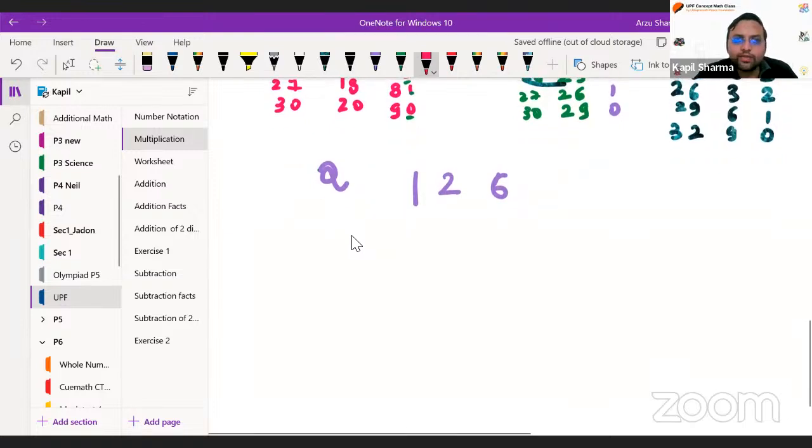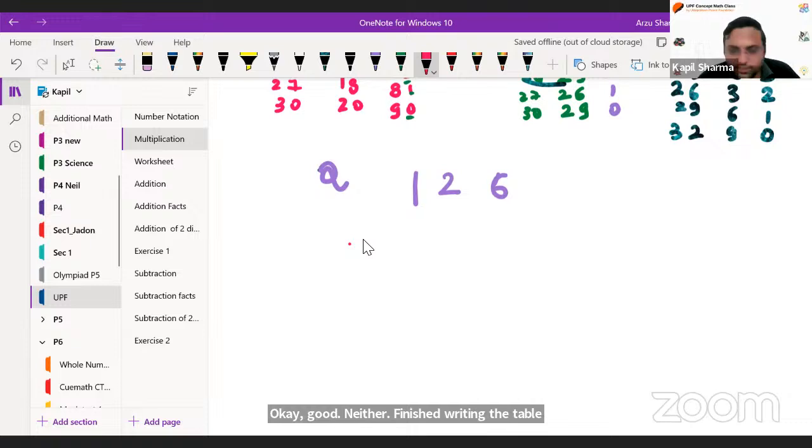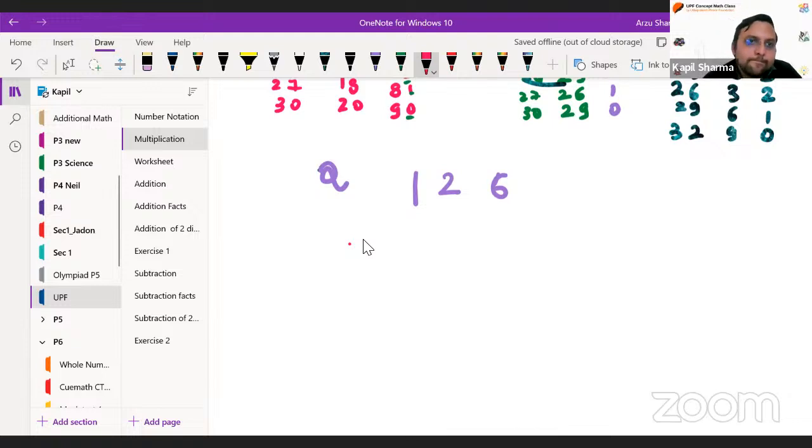Okay, good. Neetu has finished writing the table. That's good. How much time did you take, Neetu? 2 to 4 minutes.